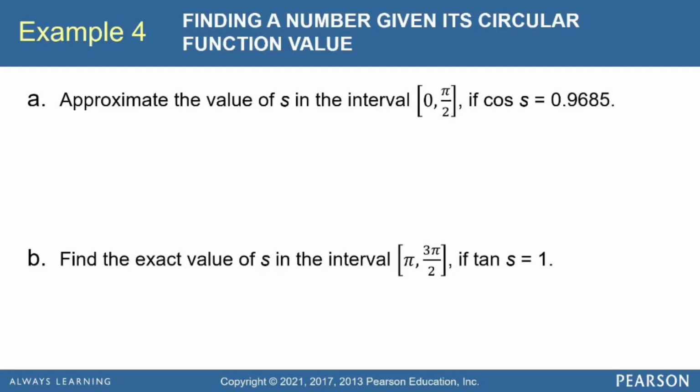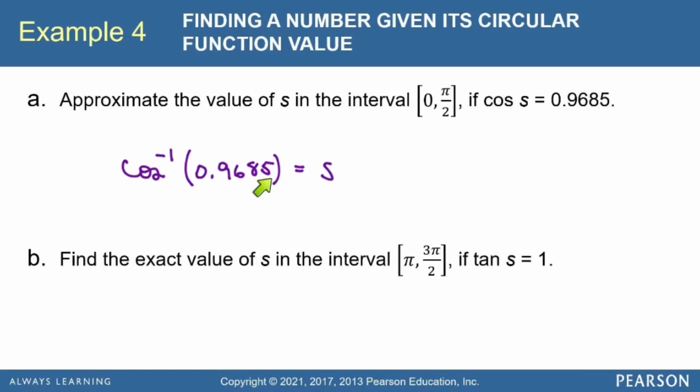And you remember that whenever we know a function value, but we want to work backwards and find the angle, we have to use the inverse form. So let's restate this relationship right here in inverse form. If the cosine of s is this number, then that means the cosine inverse of this number is s.